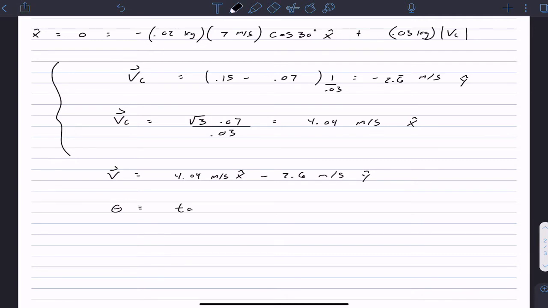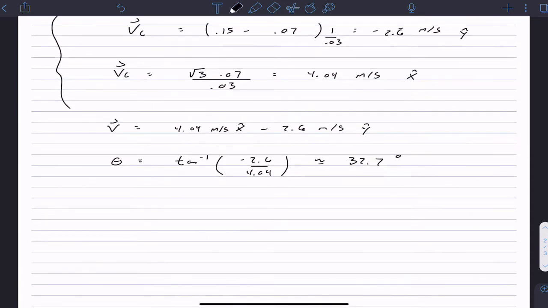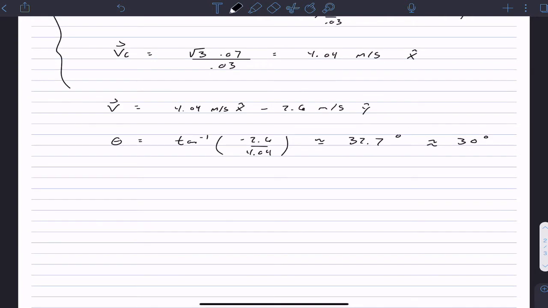Angle is going to equal the arctangent of y over x, negative 2.6 over 4.04. And this gives us a value, it comes out to 32.7 degrees. I would chalk it up to rounding error. I would say that this is probably about 30 degrees. Right. Okay, and the magnitude.